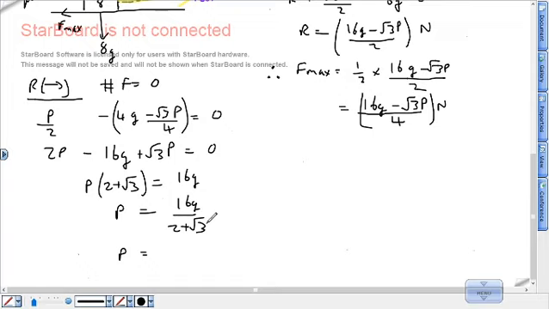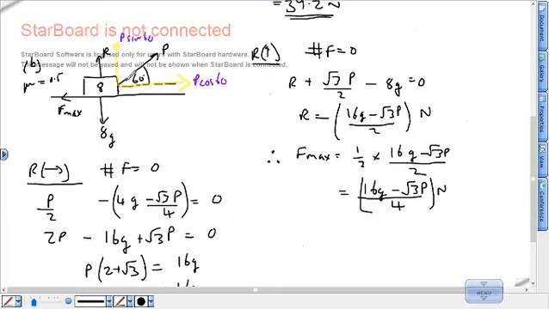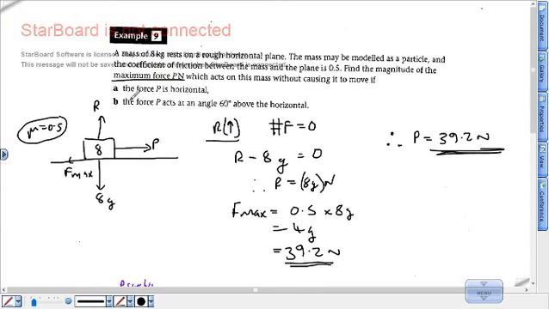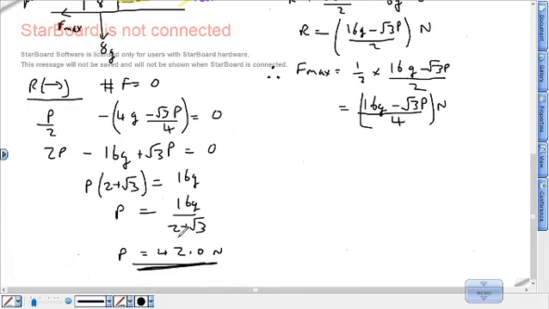So here we go, 16 times 9.8 all over 2 plus root 3 equals, and I get to 3 sig fig because we've used gravity, 42.0 newtons. Okay, so that's the max P can be if you are angled at 60 degrees. So maximum force of P, which acts on the mass without it moving at 60 degrees, and that's what you get. Okay, over the page.